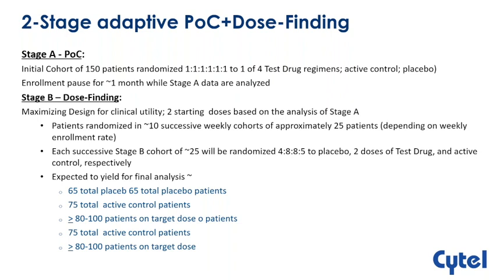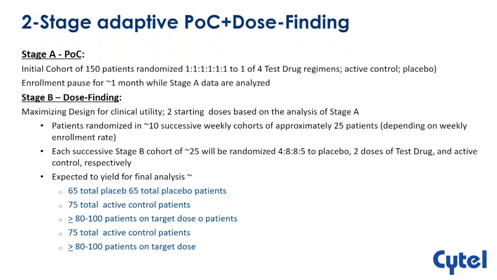And then the DMC met on Friday, reviewed the data, and reviewed the maximizing design recommendation, and then sent the 2 doses to the IWRS by the end of Friday, and it was implemented for the next cohort the next Monday. Each successive cohort of those 25 patients was randomized in 4:8:5 ratio to placebo, the 2 doses of test drug, and morphine.